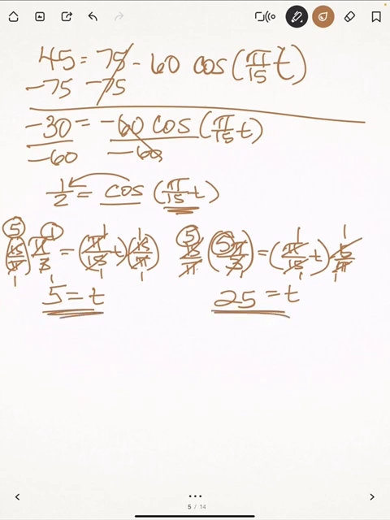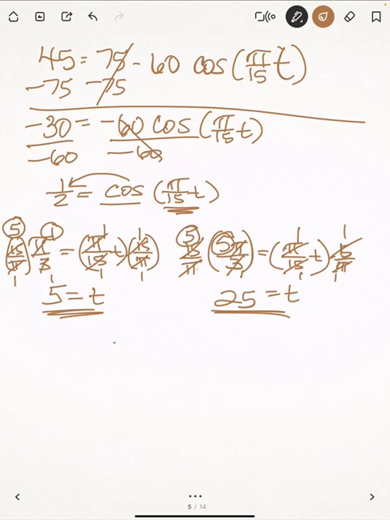Now, later on the test, you will be given a problem where it's asking you to say between two different numbers, between 0 and some maximum number that we're going to use. When you get to that situation, you want to look and see which number fits in the range. For instance, I'll just show you an example.